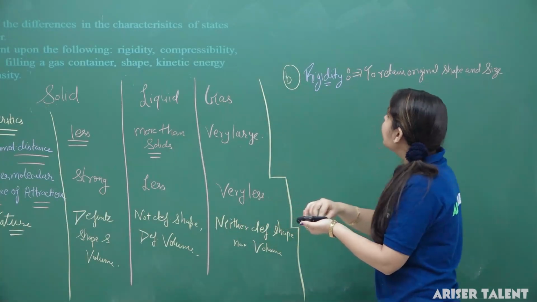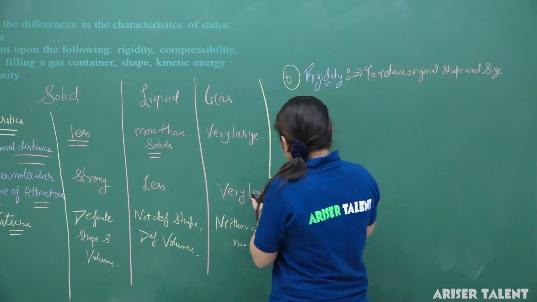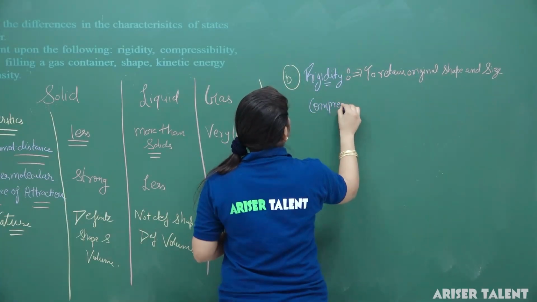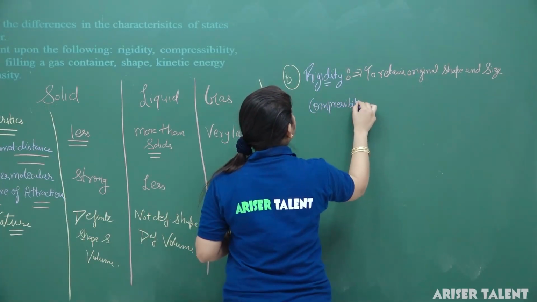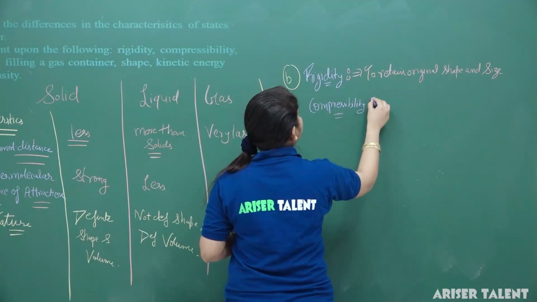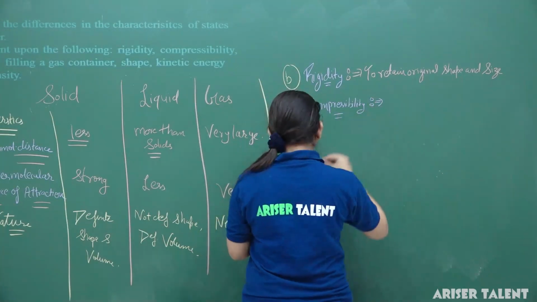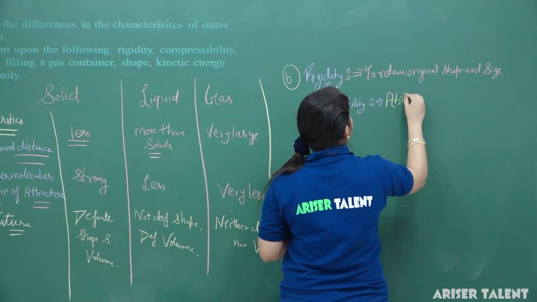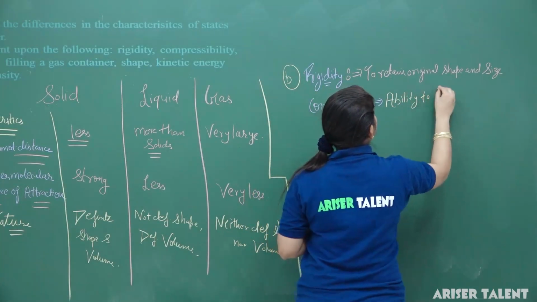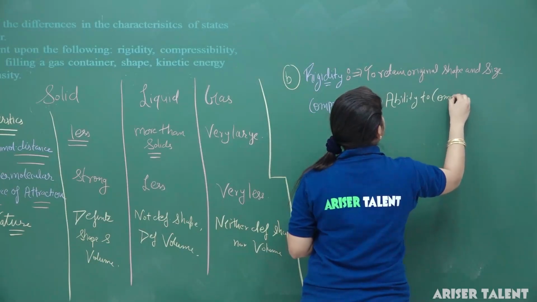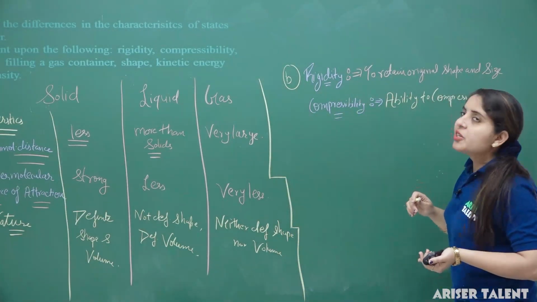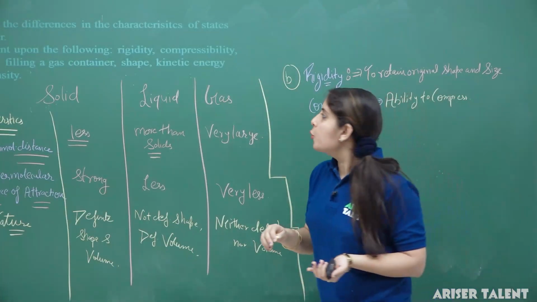So compressibility is the ability to compress, and it is higher in case of gas. I hope rigidity and compressibility are clear to you.